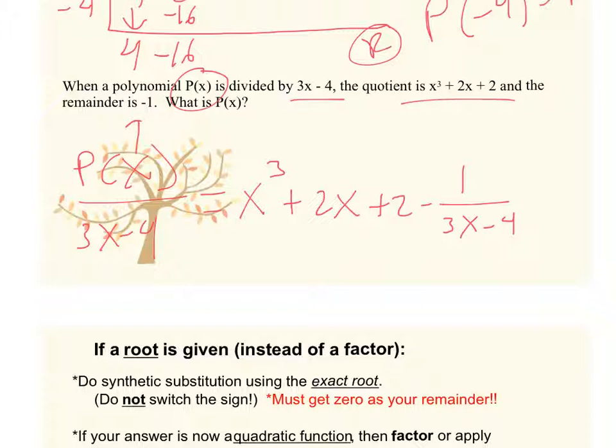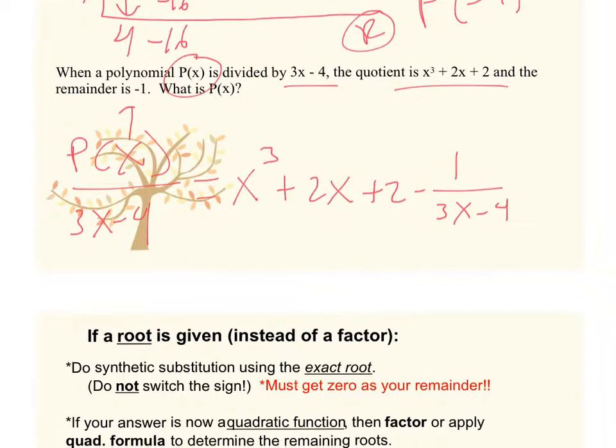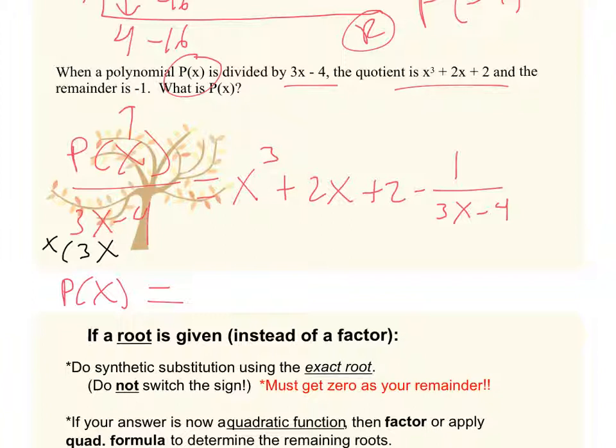If I wanted to get p of x by itself and find the original polynomial that I divided by 3x minus 4, I would just have to multiply both sides of the equation by 3x minus 4. Now, what's going to end up happening there is that's going to cancel out the bottom part of the remainder when those are multiplied.